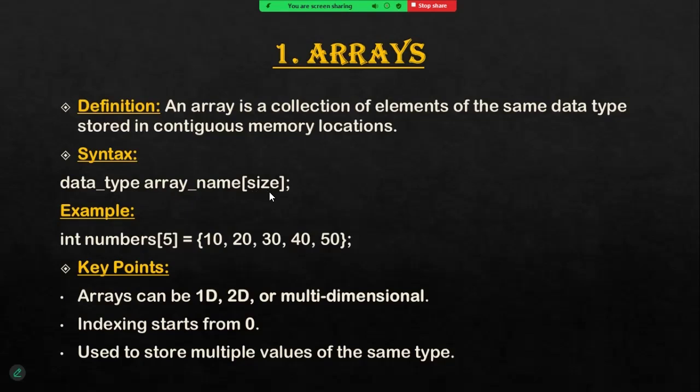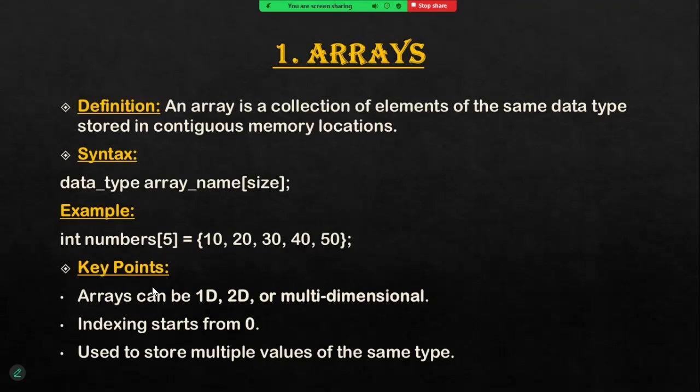Size means you have to give the number of elements. If there are 5 elements, you give the size as 5. Like in this example, int numbers, size 5, and then the elements 10, 20, 30, 40, 50. These are the integer elements.